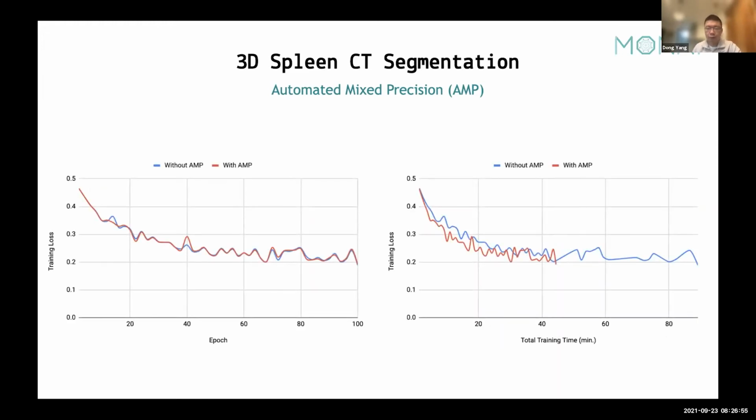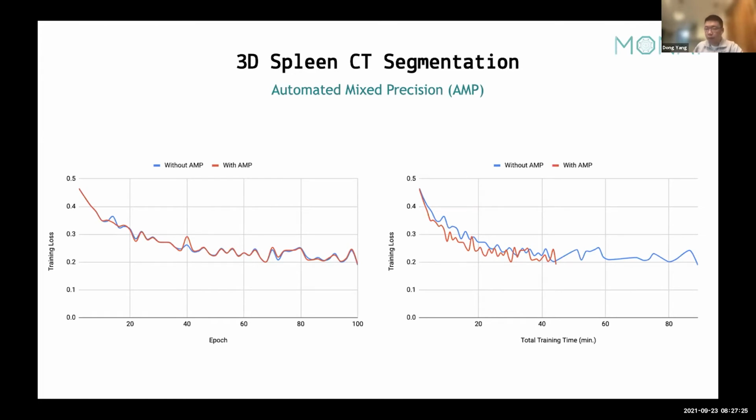This figure shows the comparison with and without AMP. For the two experiments, we fixed the random state, which means the training behavior of the two trials will be very similar. If we use epoch as the x-axis, you can see the training loss curves with and without AMP are very similar, almost identical.